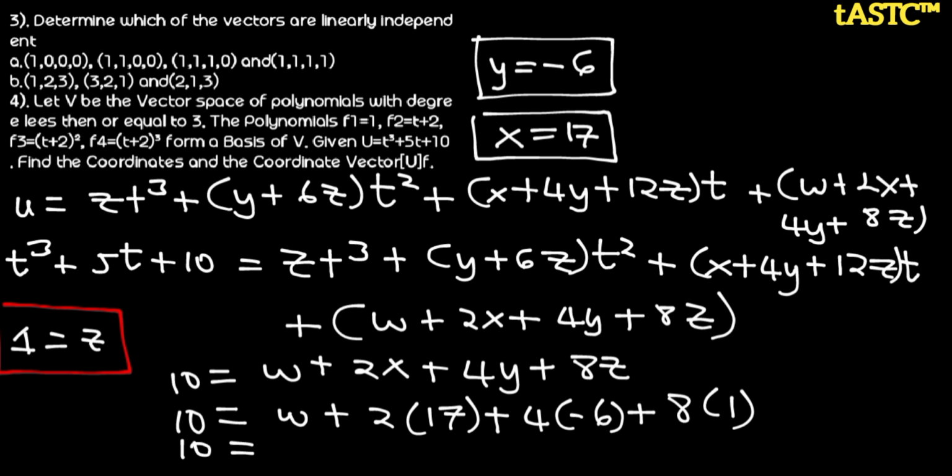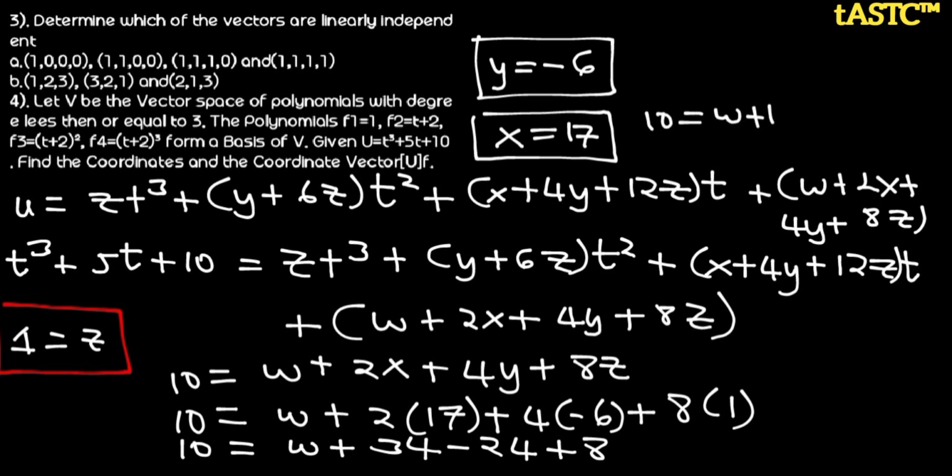So you got a 10. And here you're going to have 2 multiplied by 17, which is going to give you 34. And here we're going to have 4 multiplied by negative 6, which is going to give you negative 24. And we have an 8 over here. If you have 34 minus 24, what is that going to give? That is going to give you a 10.